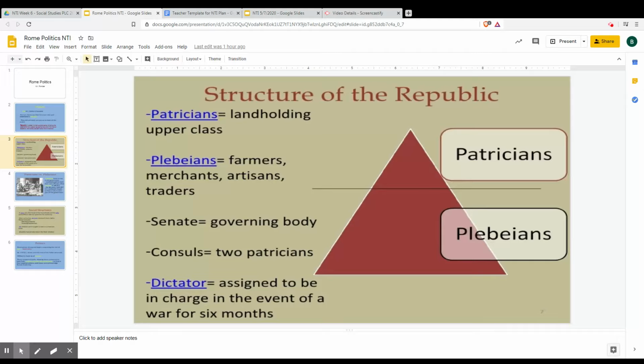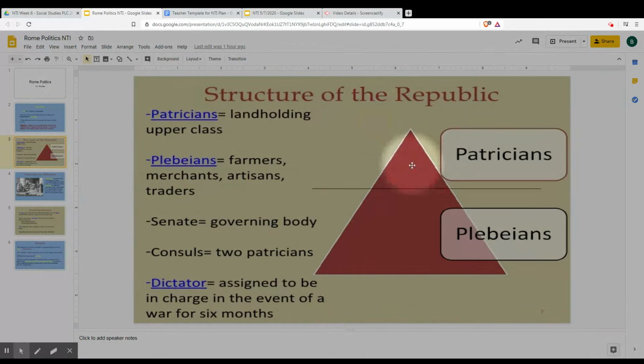Merchants and traders were wealthier than farmers, but they were still plebeians and didn't have as many rights as the patricians. And this pyramid shows you that there were fewer patricians than plebeians. So that's why the plebeians are on the bottom. And then as you go up, there's less of them.